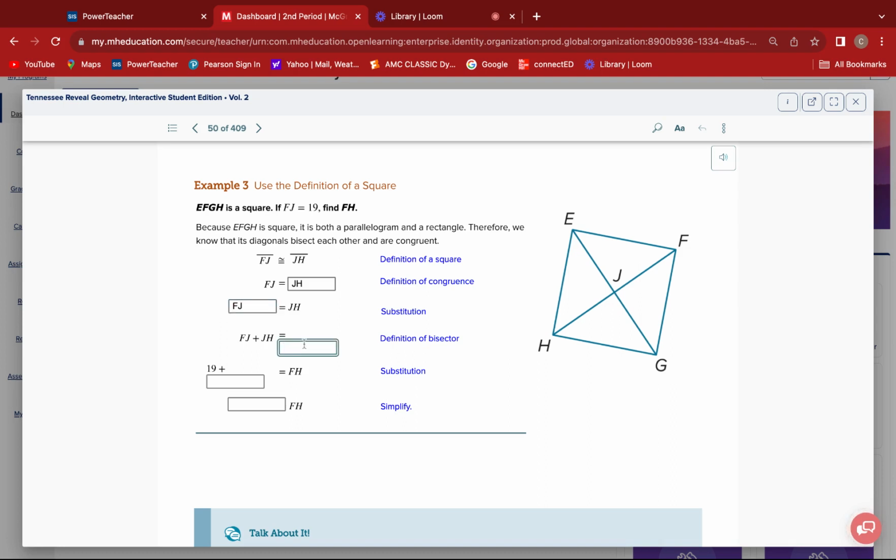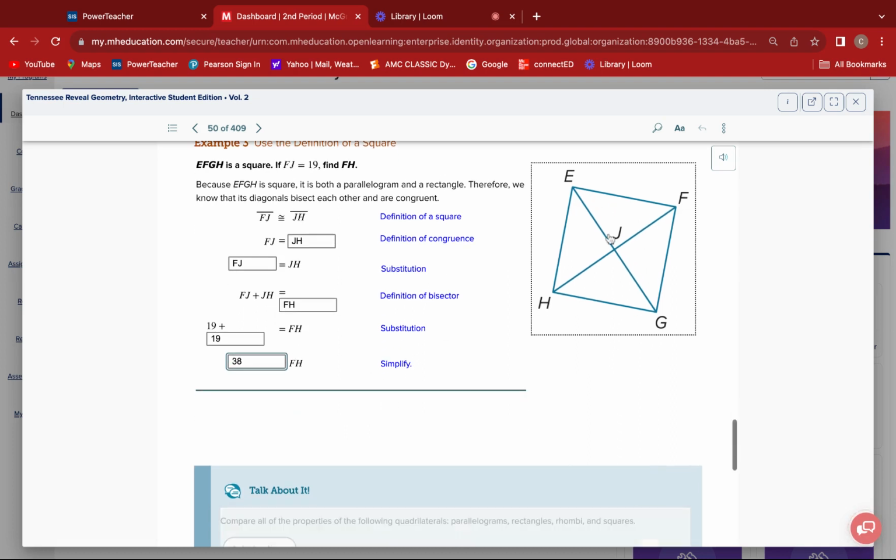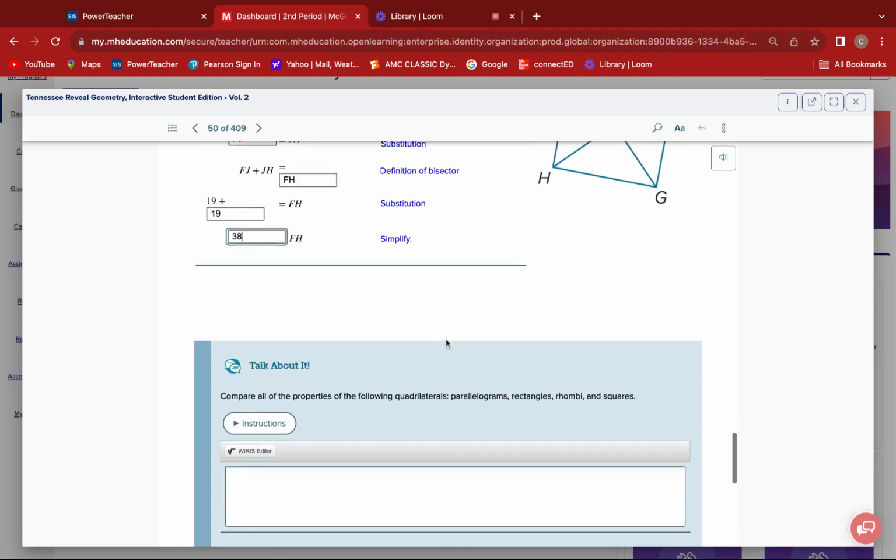So 19 plus 19. Oh, my bad. They wanted FH. My apologies. So 19 plus 19, or just 19 times 2, if that's your preference, is 38. All right, distance from F to H is 38.